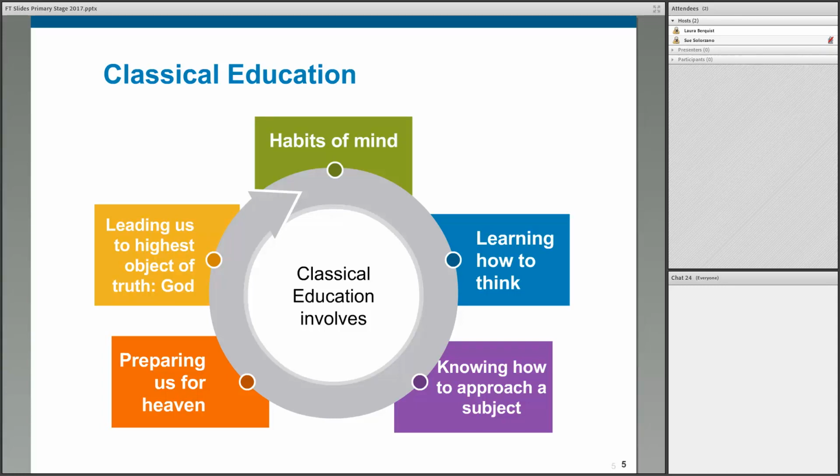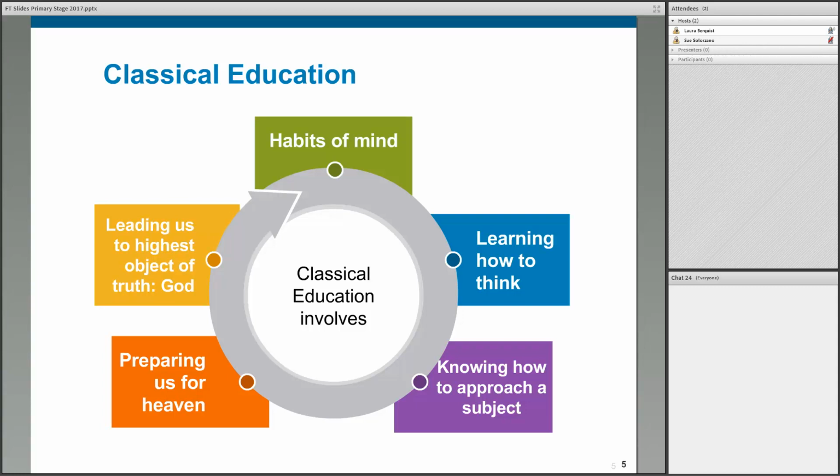And I talked to James enough to know that that's just how he thinks. The reason he starts class that way is because that's how he approaches any subject. He has a habit of mind which moves him to always contextualize what he's thinking about, think about where it fits in what he already knows. That's a habit of mind.